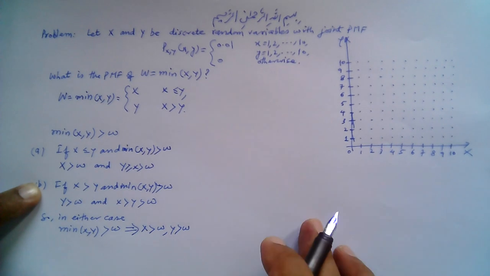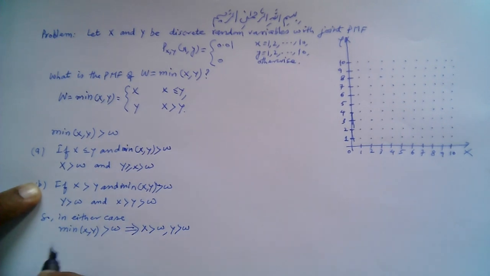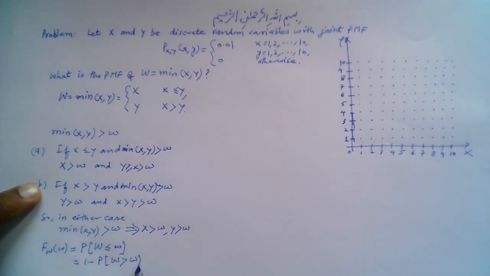So let us now consider the CDF of random variable W. F_W(w) is equal to the probability that random variable W is less than or equal to some value w, right? So we know that this is also equal to 1 minus the probability that W is greater than w. All right, and this we have derived here.